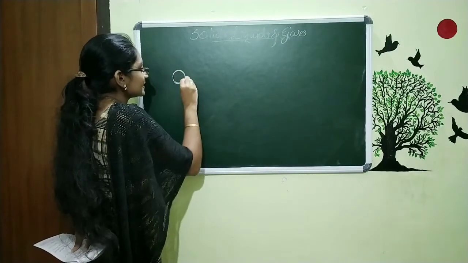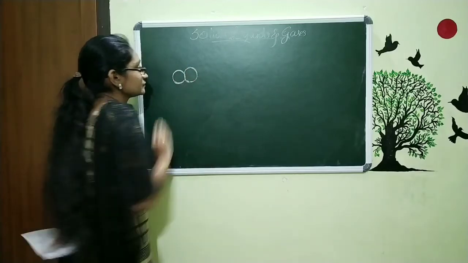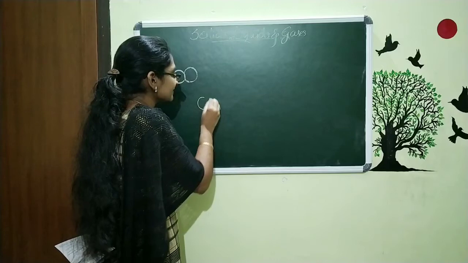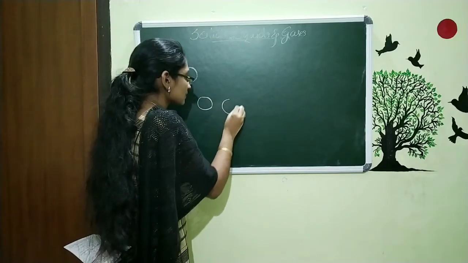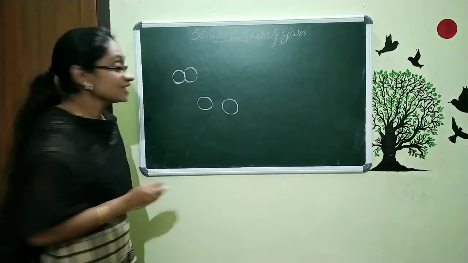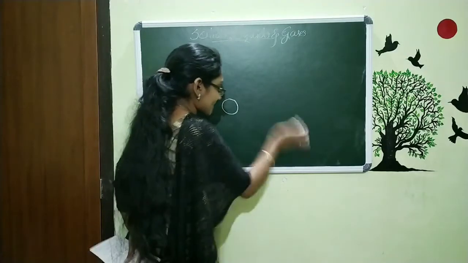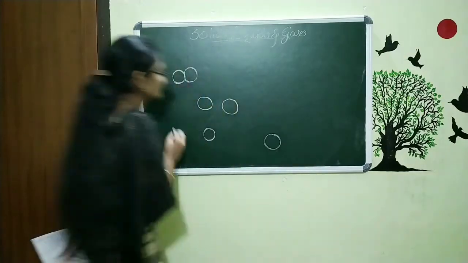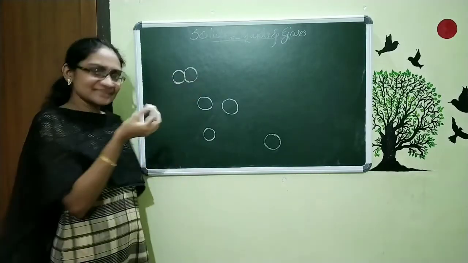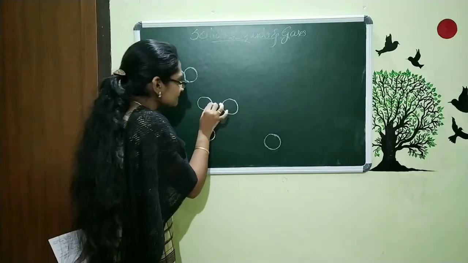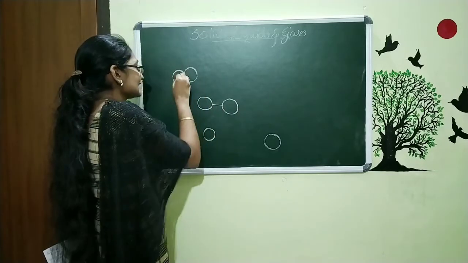Two molecules are here, very near. Two molecules are there, moderately separated, and two molecules are very far apart. That means here the distance is very small, or we can say there is almost no distance.